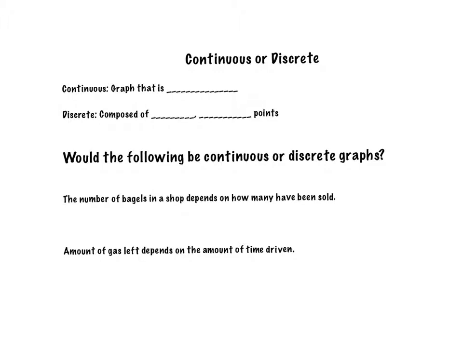So real quick on this, we talk about continuous or discrete graphs and situational stuff. A continuous graph is a graph that we can think about as unbroken. Right, it's one continuous line.